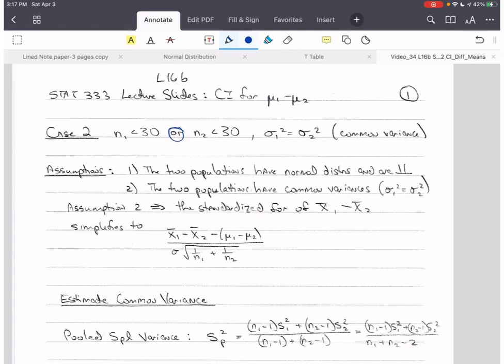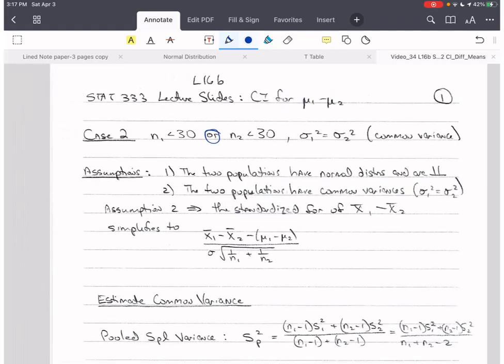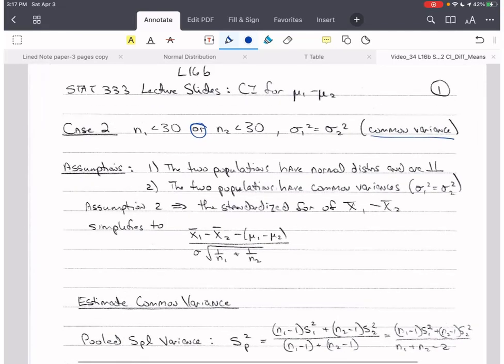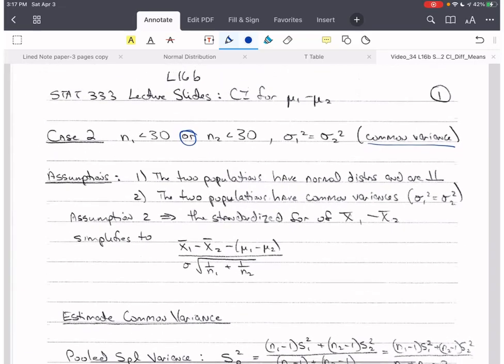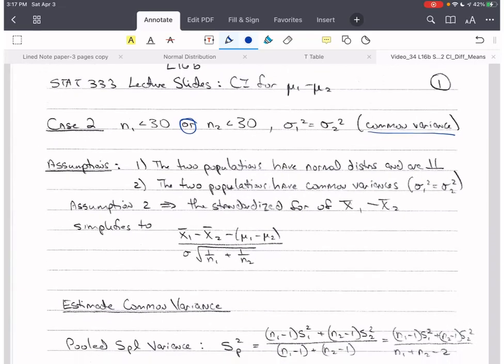If either n1 is less than 30 or n2 is less than 30 or both of them are less than 30, we have to use this one. If we have common variances, we don't know what they are. And you say, well, if you don't know what they are, how could you know if they are common? But there are tests for that, and we will actually talk about that in Chapter 8.